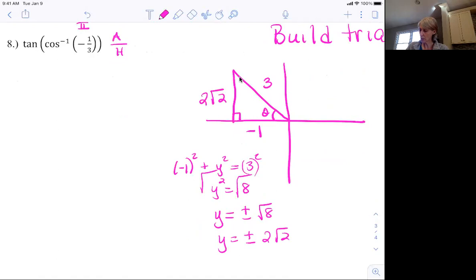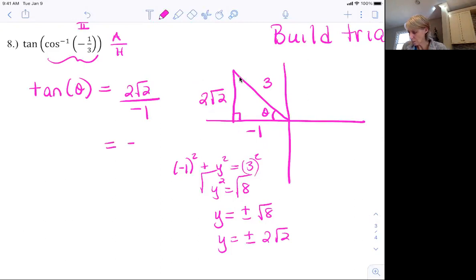Then I'm going to use tangent is opposite over adjacent. Notice my sign is right with my leg there. So the tangent of this angle, because that's all we did, is going to be 2 root 2 over -1, opposite over adjacent, which we can simplify to -2 root 2.